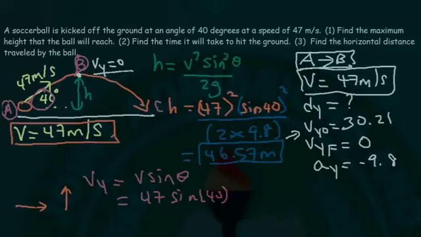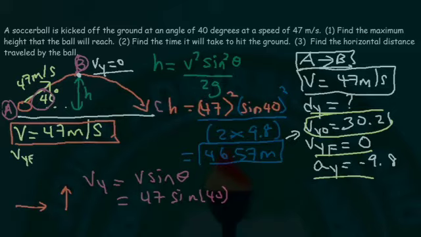So what equation can we use that has Vy initial, Vy final, acceleration, and displacement? It turns out we can use this equation. Vy final squared is equal to Vy initial squared plus 2AD. We went over it earlier, but we just didn't have the y's in it.